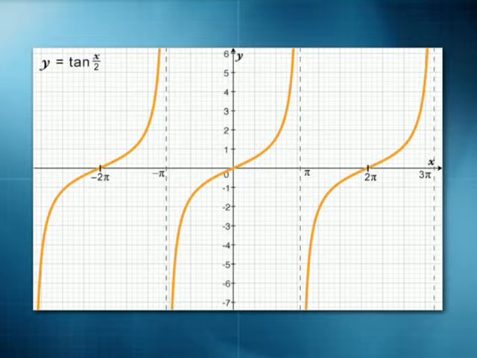So here's a graph of our tangent of x over 2 function, and the only real difference is that the period is now 2 pi, because the vertical asymptotes go pi, 3 pi, 5 pi, etc. It's kind of been stretched horizontally a little bit, but it still looks like a basic tangent curve, doesn't it?